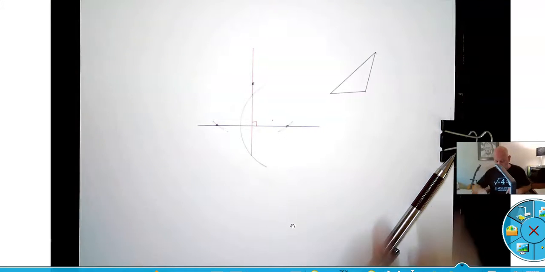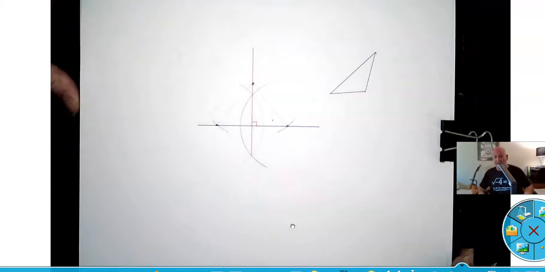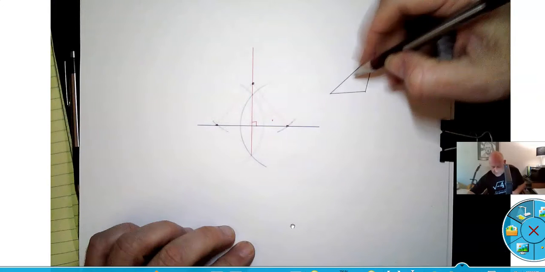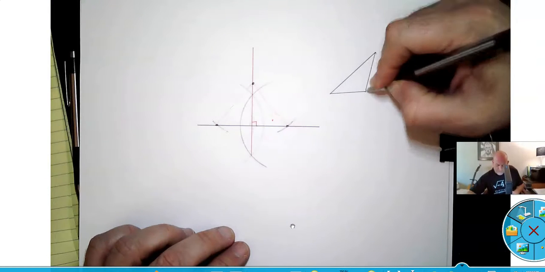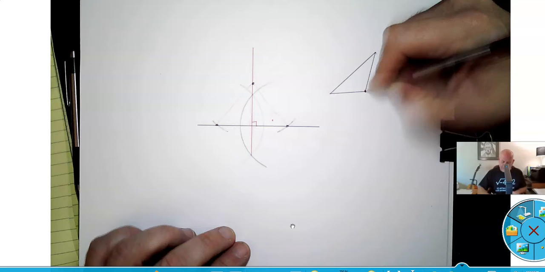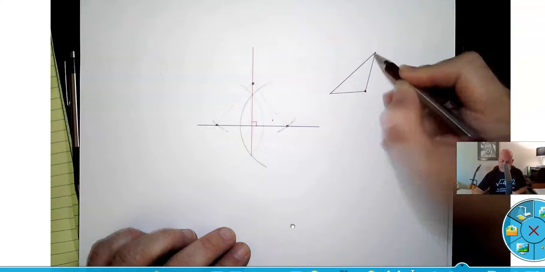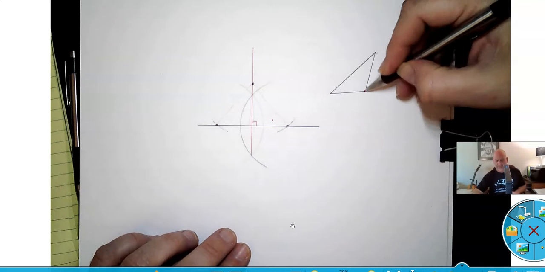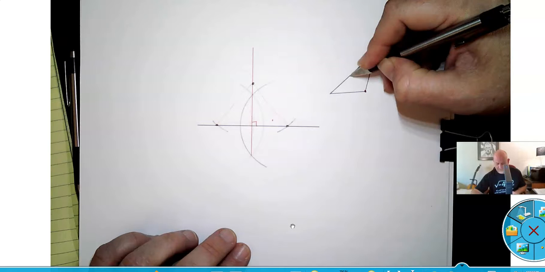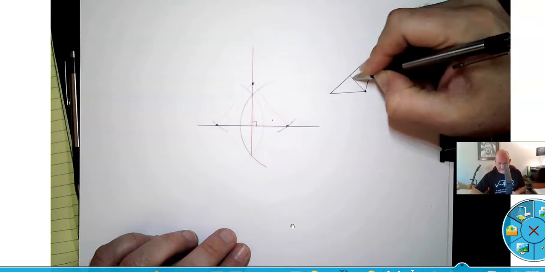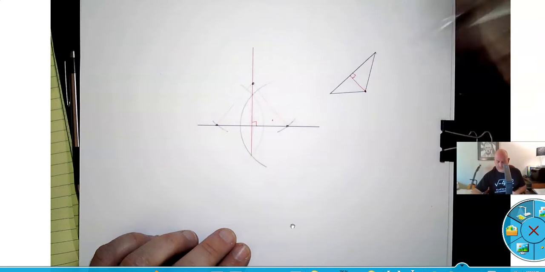We'll get a bigger drawing here in a minute. Okay, so what an altitude is, right, here's a point, and here's a line. It is the perpendicular from this side through the opposite vertex. So this is an altitude, right?